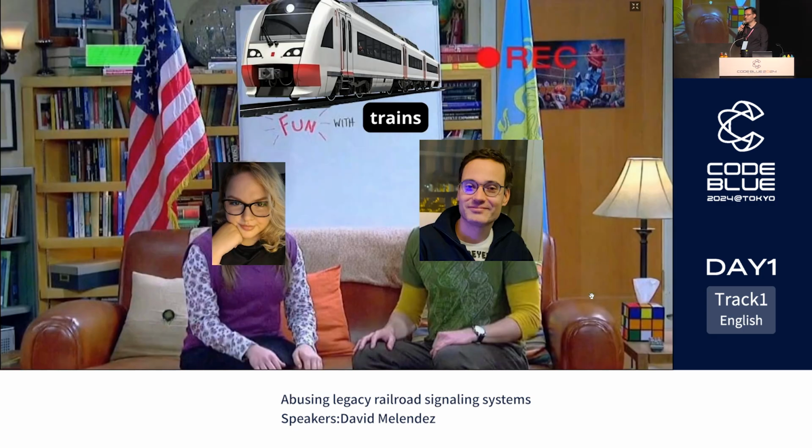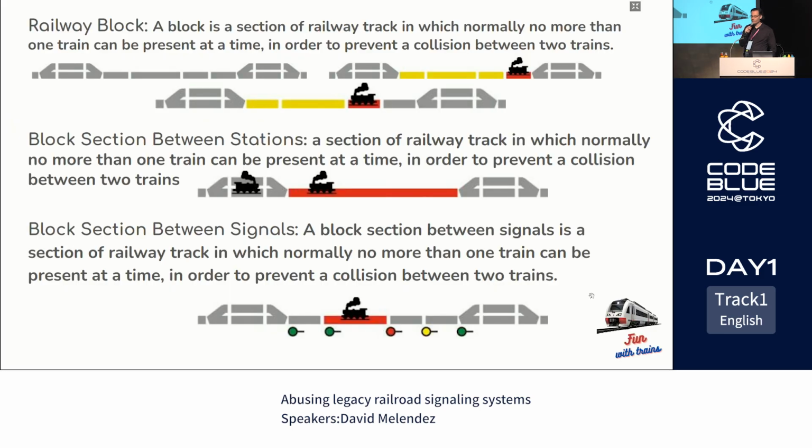Fun with trains. Did you see? We're going to start explaining what is a railway block. The tracks have to be divided into blocks to prevent two trains from crashing.